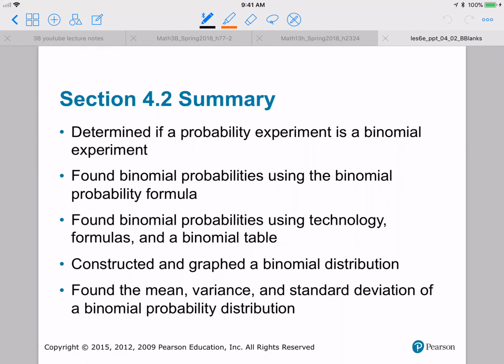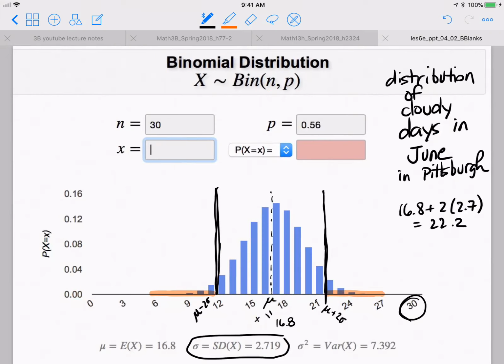All right. So one of the homework questions, the written homework question, requires you to draw a picture of the graph. The n for that problem is very, very large, and you don't need to sit and try to draw 1,000 different bars.